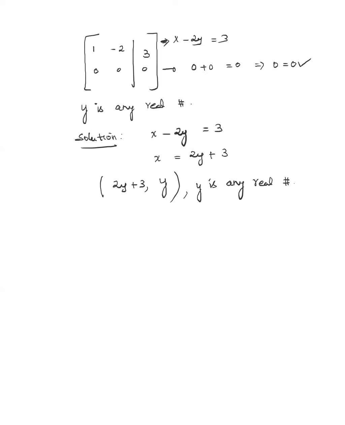The next is the possible outcomes for a 3x3 system of linear equations. So this is the final matrix.